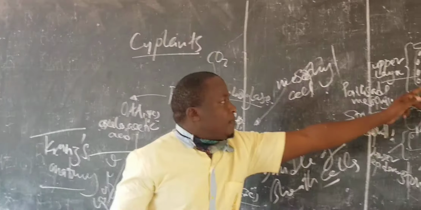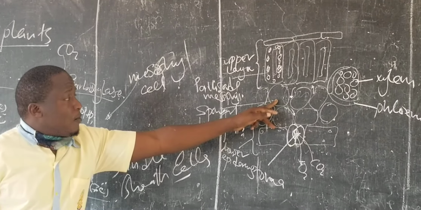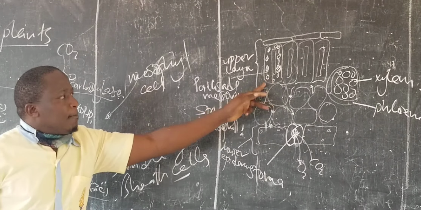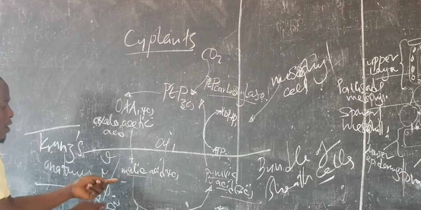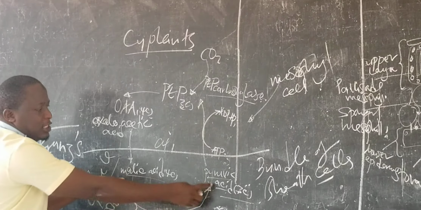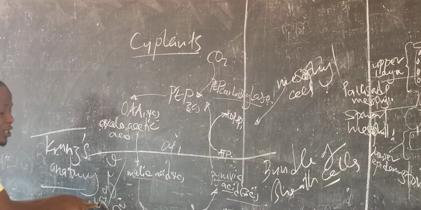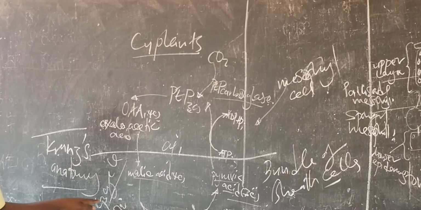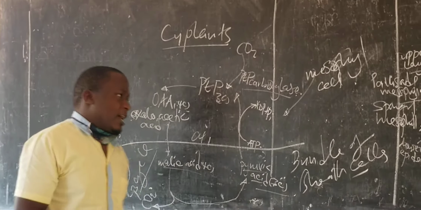Maybe palisade mesophyll or spongy mesophyll, but more dominantly in the palisade mesophyll cells. But when it comes to formation of oxaloacetic acid and malic acid generating pyruvic acid, carbon dioxide is fixed in the C3 cycle. This fixation of carbon dioxide in the C3 cycle occurs in separate cells other than the mesophyll cells.